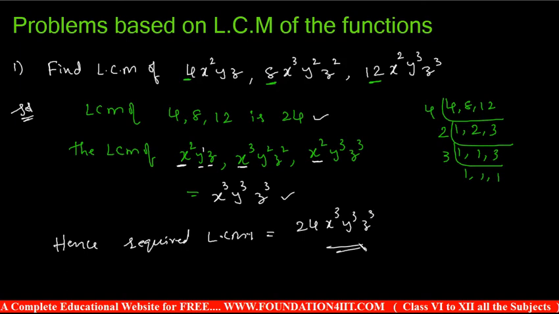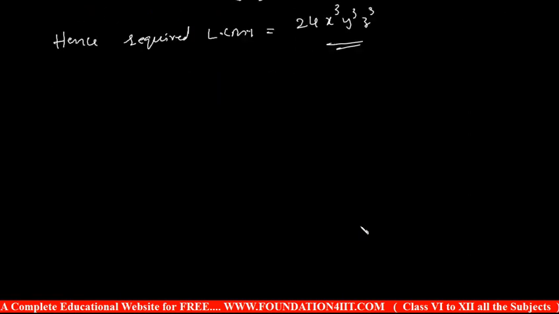Now let me show you some problems based on the functions, how to find out the LCM of the functions. Now let me write the question. Find the LCM of the functions. So let me take three functions here.